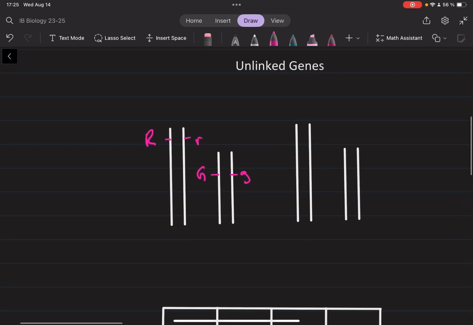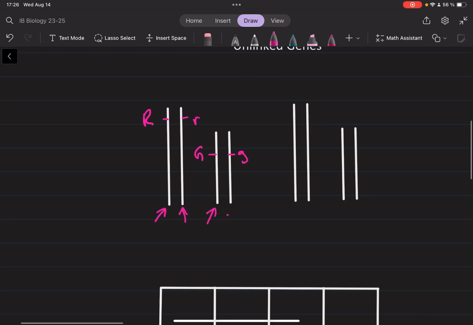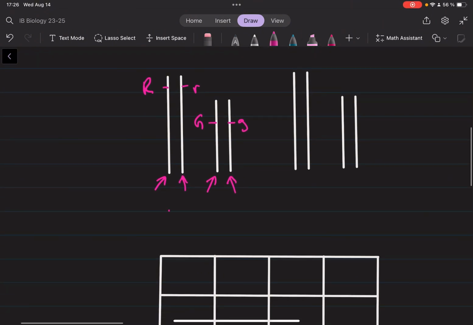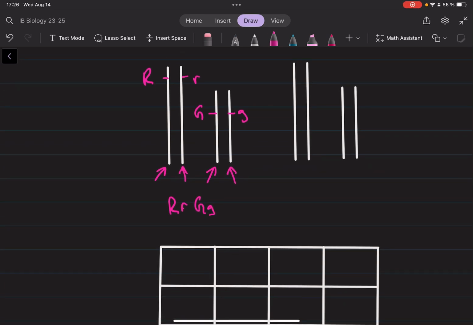Now, because these genes are inherited separately, the offspring could inherit any of these genes as a combination. So when we are putting it down on a dihybrid cross, which is what we need for figuring out how two traits are inherited, we would need to find every combination they could inherit.